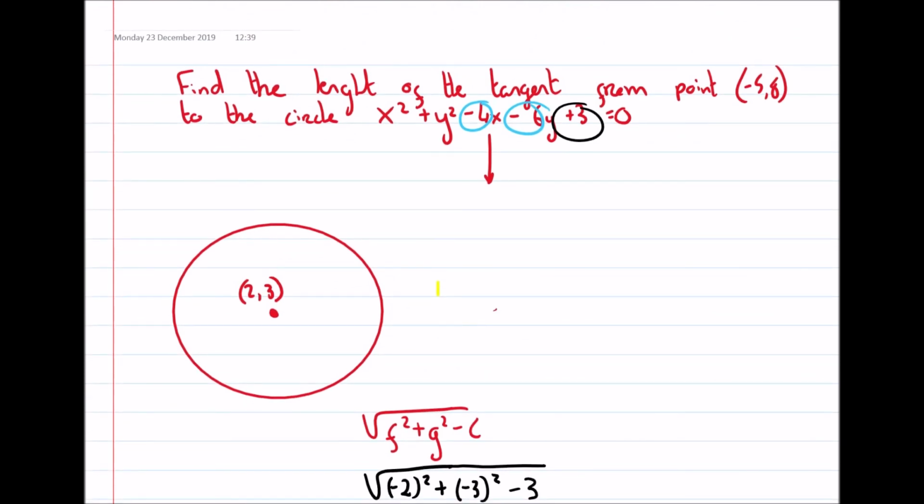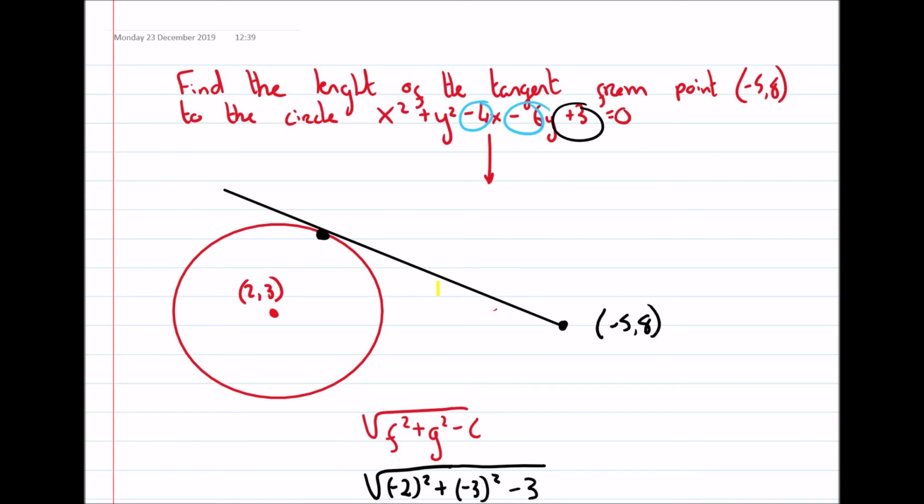We have a point out here then, somewhere out here, doesn't matter where, and it's a tangent to the circle. So let's just say it's a tangent at this point. Okay, and that point is minus 5, 8.